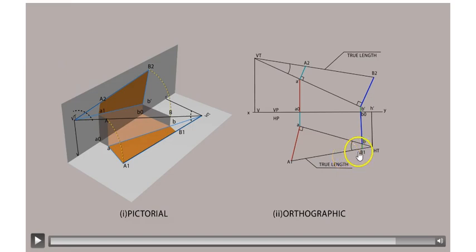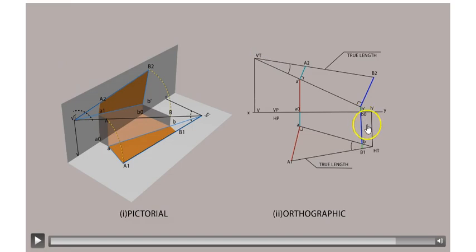And what is the technique to find the horizontal and vertical trace? Simply extend the corresponding views. For example, if we extend the top view and the true length, where they meet will be the horizontal trace. Similarly, when we extend A dash B dash, which is the front view, and the true length in the front view, they together meet at the vertical trace.